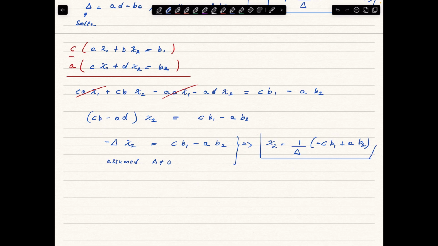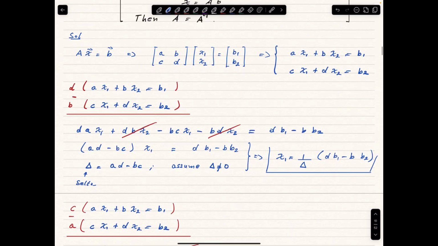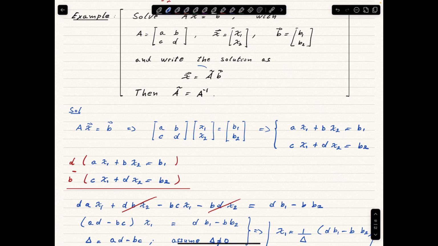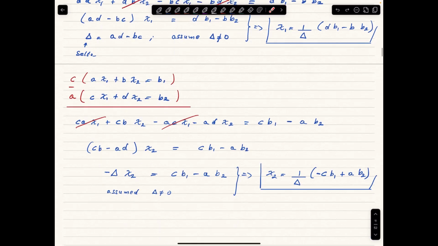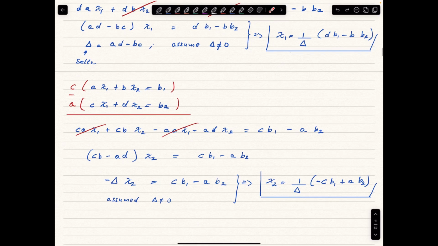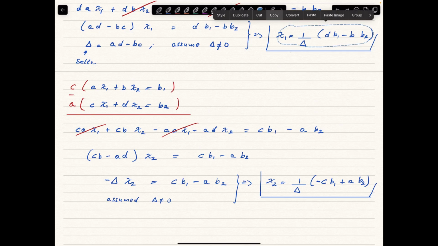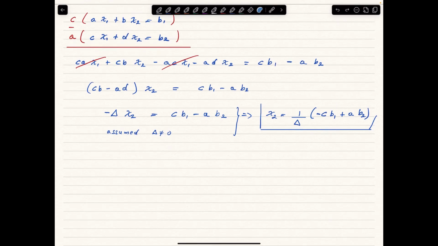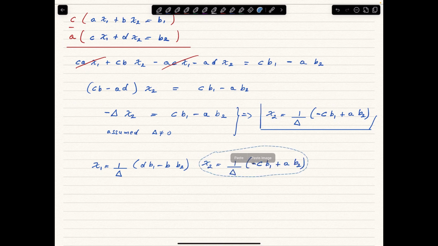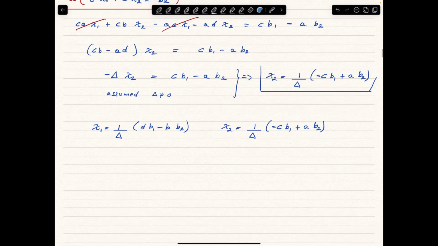We solve our system. But recall, we don't only need to solve the system, we need to write it down in this way. Matrix acting on the vector b. To do that, let's copy the solutions we obtain. Copy, let's put it here, paste, more or less over here, and then the other solution, copy, let's put it here, paste, just to have them both together.